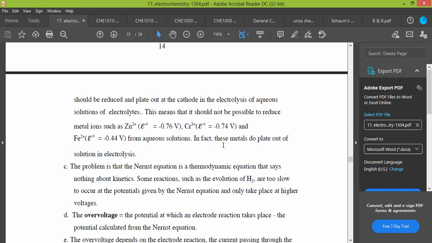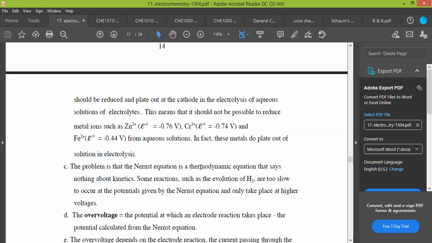But what it doesn't tell us is how long the reaction will take before it takes place. Okay? There will be reactions where you calculate your potential and it comes out positive, and yet that particular reaction will take years if you just leave them like that for it to happen.